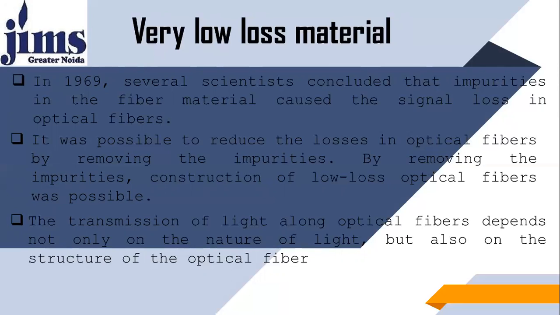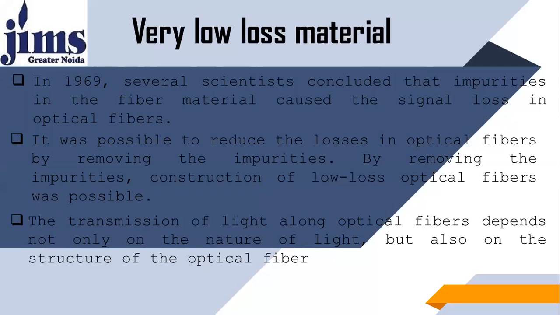By removing the impurities, construction of low loss optical fiber was possible. At that time, these impurities were removed from the optical fiber, so better results came, and it is possible to have a low loss optical fiber.